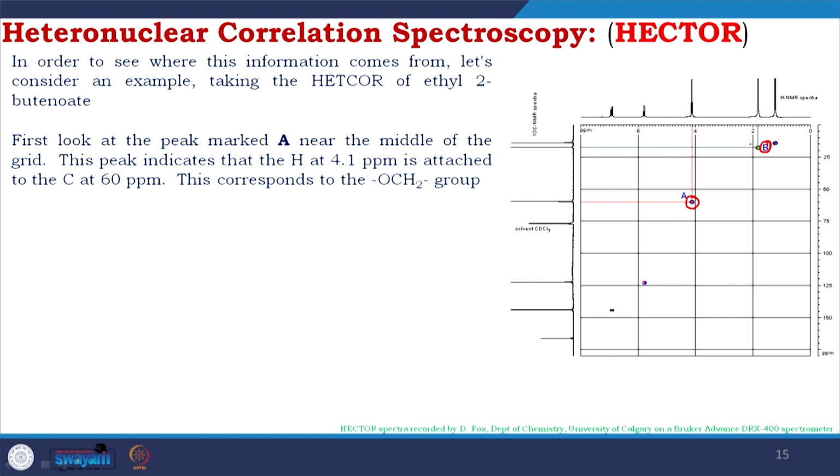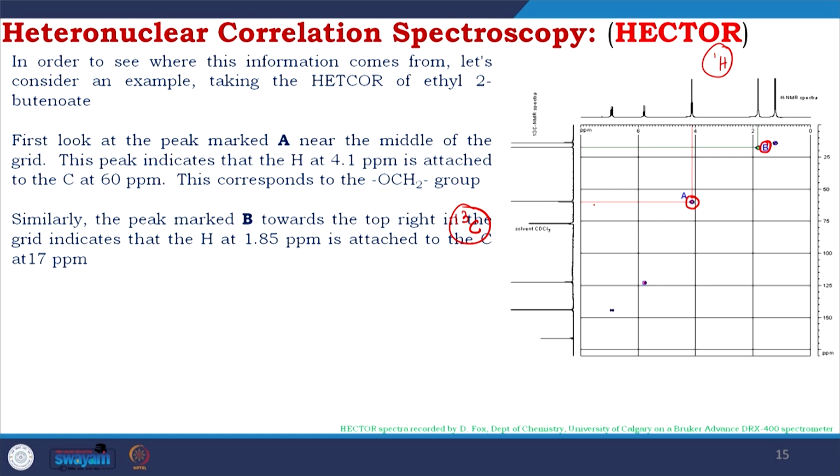This peak indicates that the hydrogen at 4.1 ppm here and the 13C here, so it is around 4.1 and attached to the carbon at around 60 ppm. This corresponds to the OCH2 group.